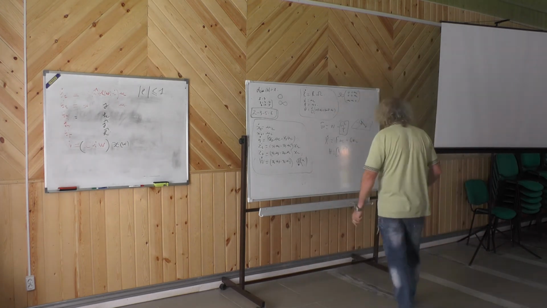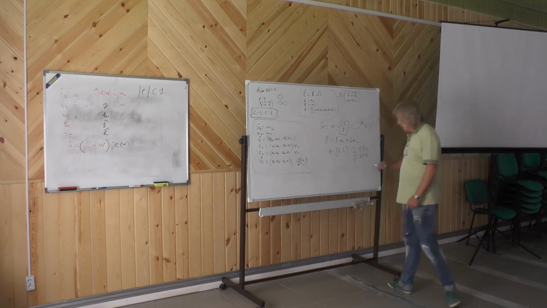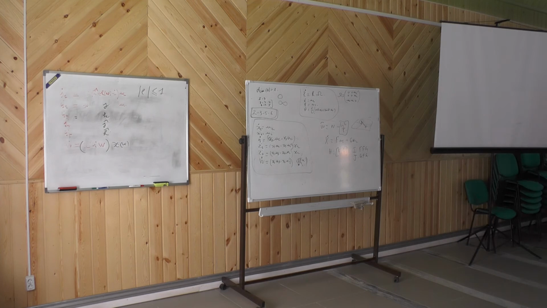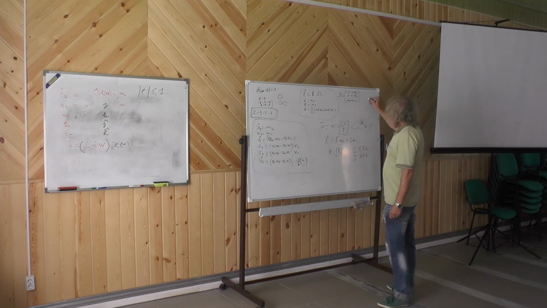So H1 will be [F,[F,G]], H2 will be [G,[F,G]]. And do I need others? I need to generate delta 3.